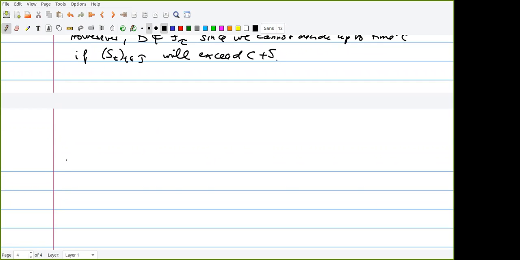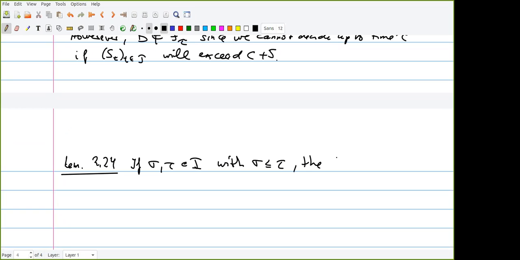But we can investigate a bit more the properties of this sigma algebra F tau, and a very useful and natural property, as you might expect, is this: if we take two stopping times, tau and sigma, and we assume they are ordered, so sigma is less or equal than tau, then also the information generated up to time sigma is included in the information generated by tau.